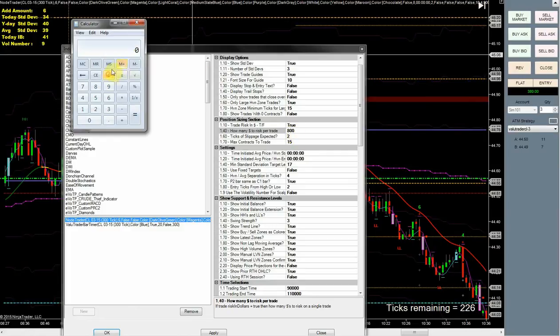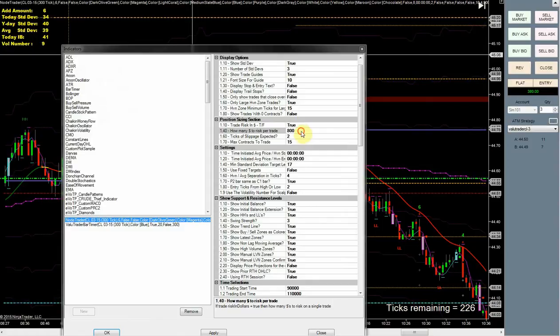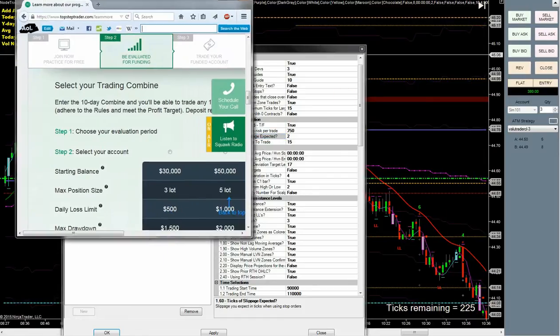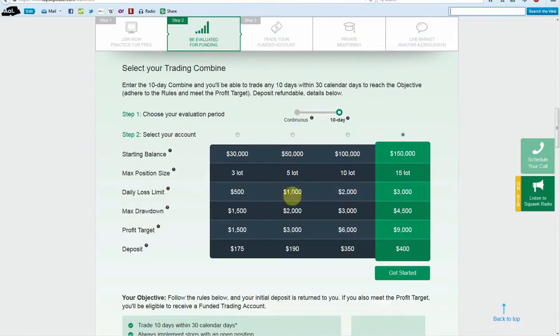Or I could set it to, let's try something else here, 3,000 divided by 4, 750. So I could set this to 750. Alright, so that means I basically have 4 trades that I can take before I reach my daily loss limit.